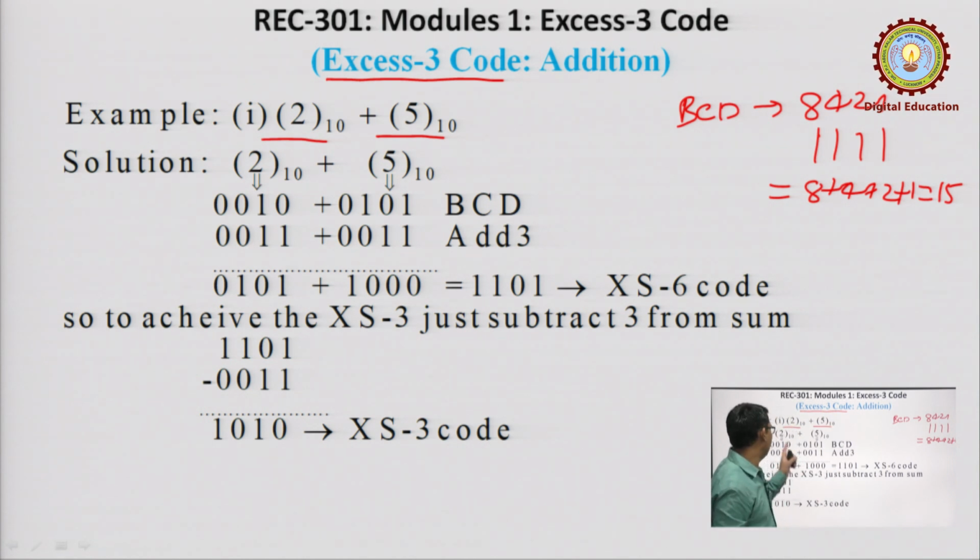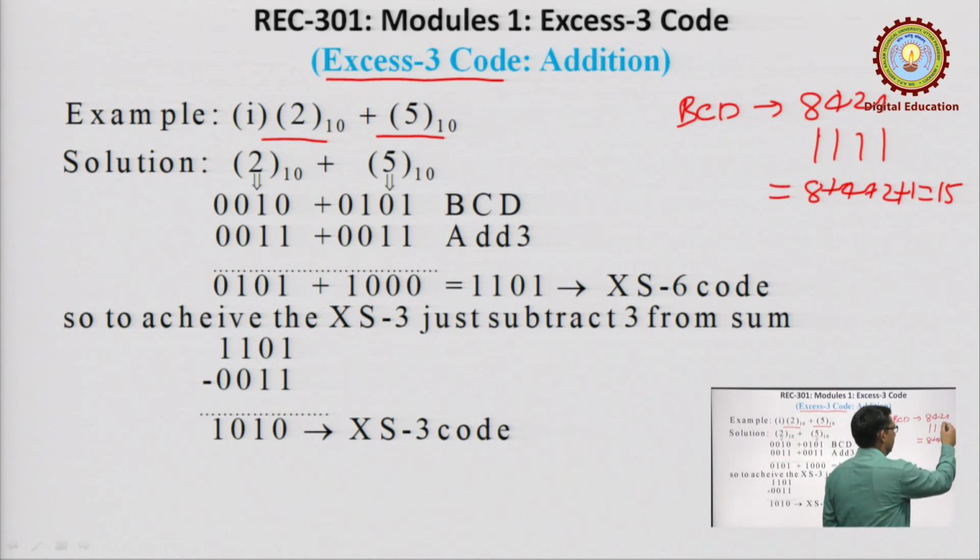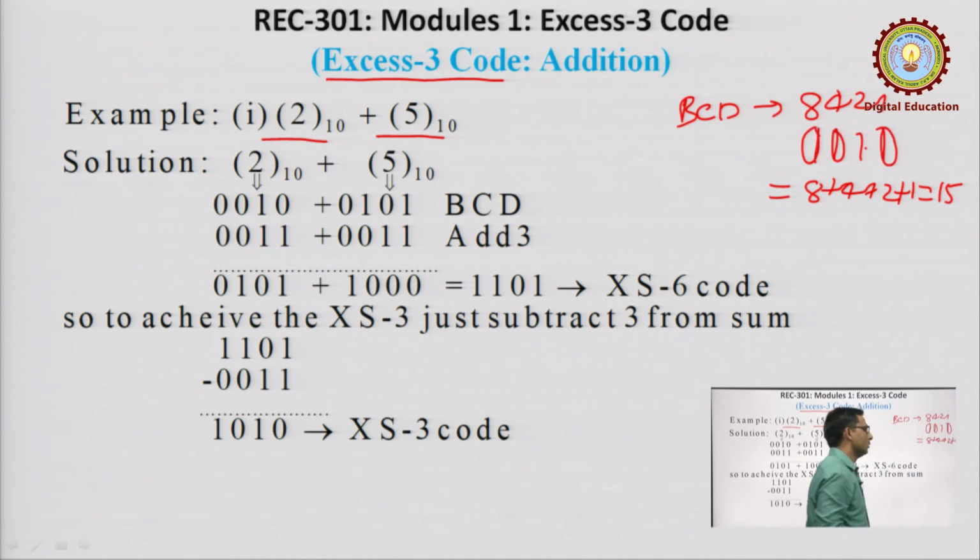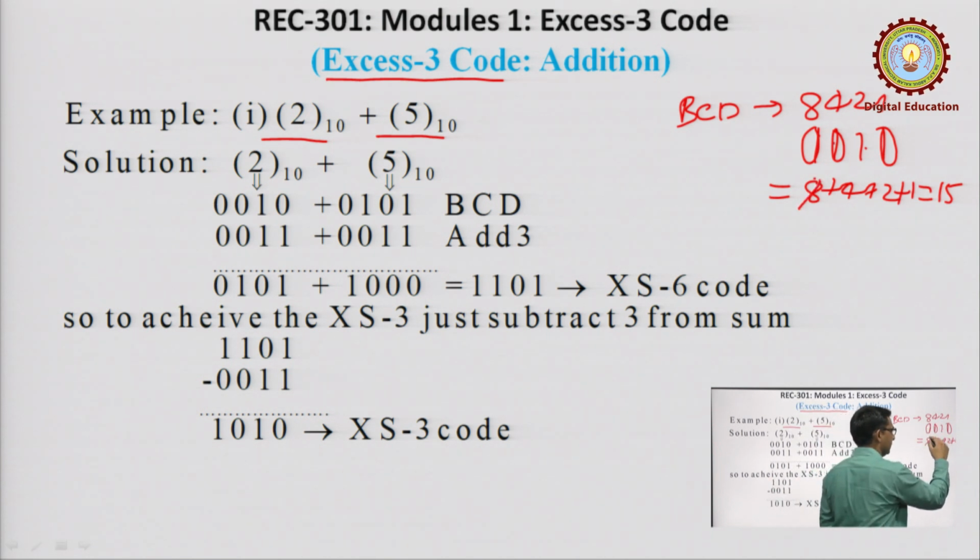First of all, we will convert both the numbers into BCD. If we want to represent the decimal number 2, then we require this digit to be high and the remaining 3 digits to be low, meaning they become 0.